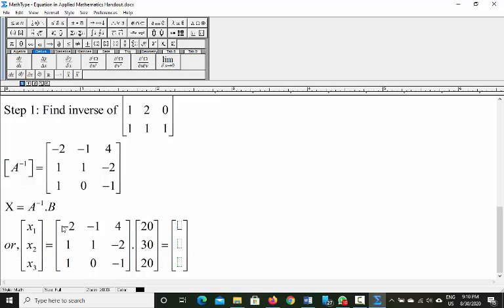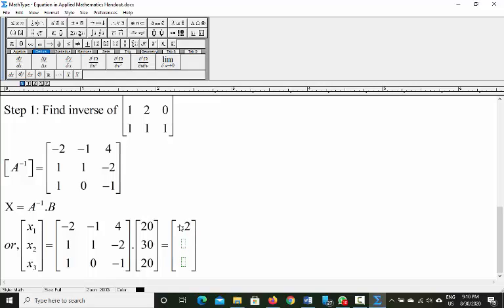As we know, we will multiply the first row of the first matrix with the first column of the second matrix, element by element.